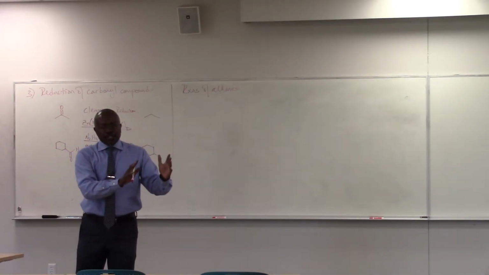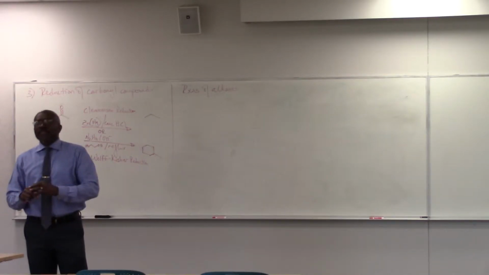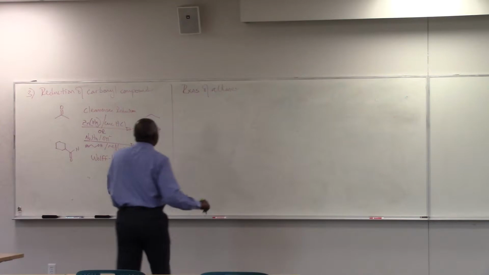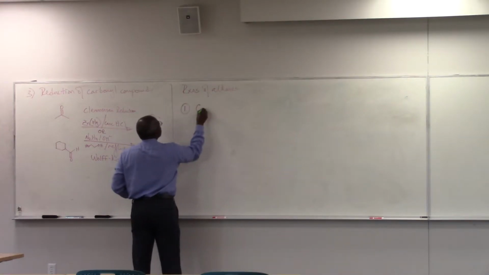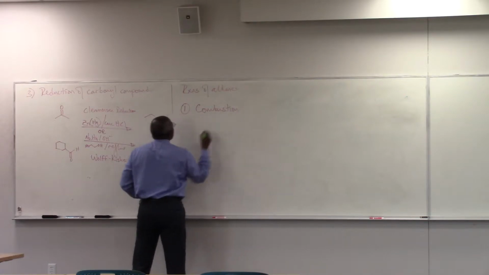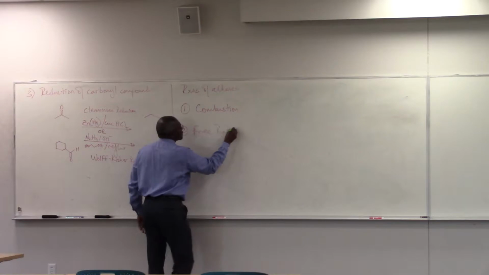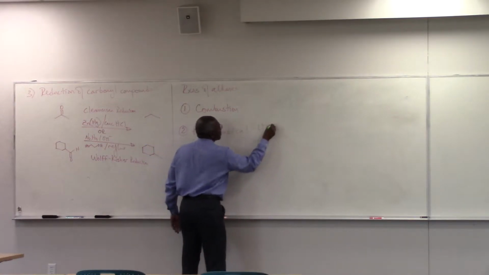One is combustion, and then the other is what we call free radical halogenation. Well, I'll write this down. So one is combustion, and the other is free radical halogenation.